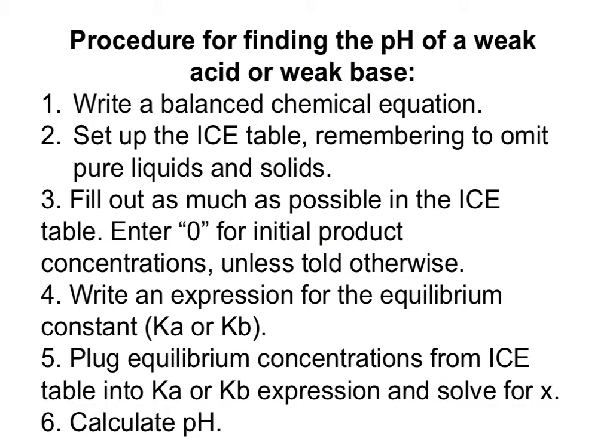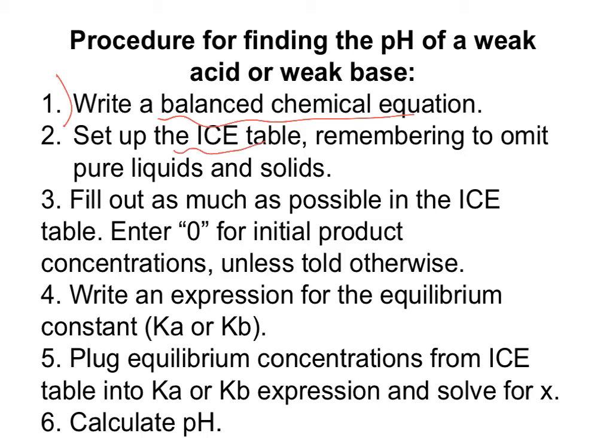Alrighty, so here's a summary list of the steps involved in working through a weak acid or a weak base if you're asked to calculate pH or something similar, in case this might be handy. Again, always start by writing a balanced chemical equation. I like to set up my ICE table right below the chemical equation.